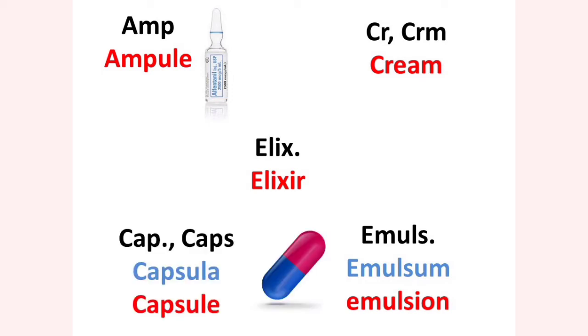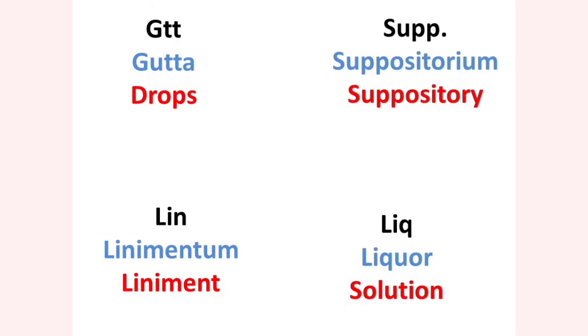And another is CAP or CAPS, which represents in Latin capsula, and in English it is capsule. And another is GTT, which means gutta in Latin and drops in English. And another is SUPP.